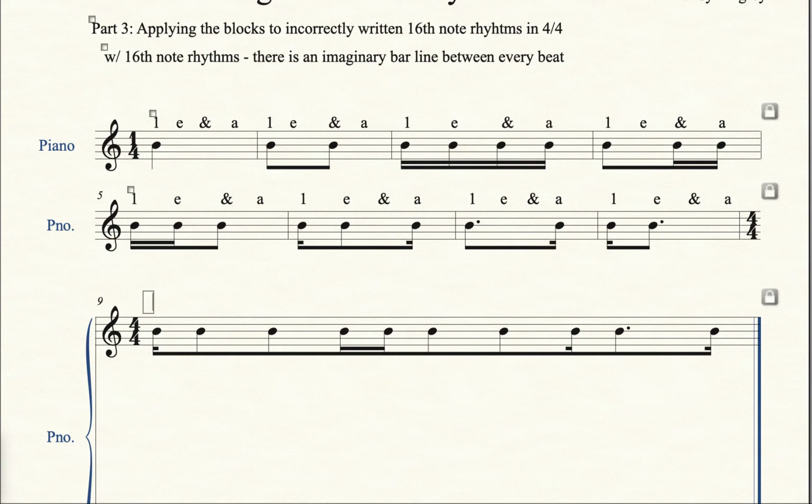And this time, instead of 1 and, 2 and, 3 and, 4 and, I'm going to use 1 E and a, 2 E and a, 3 E and a, 4 E and a.